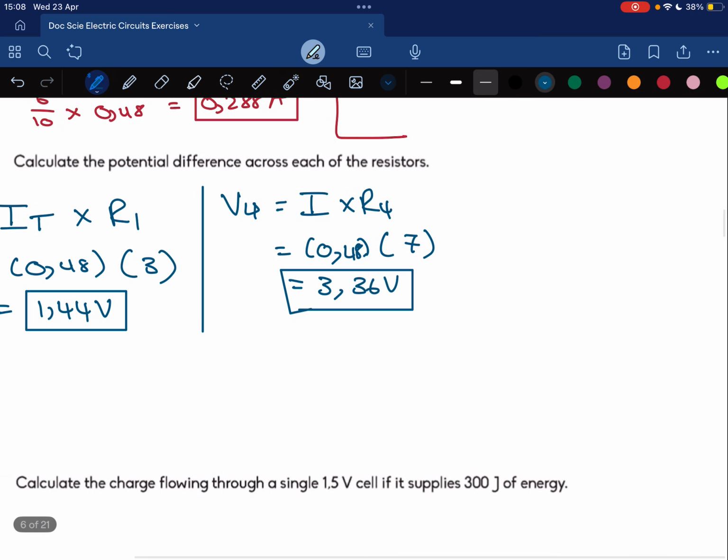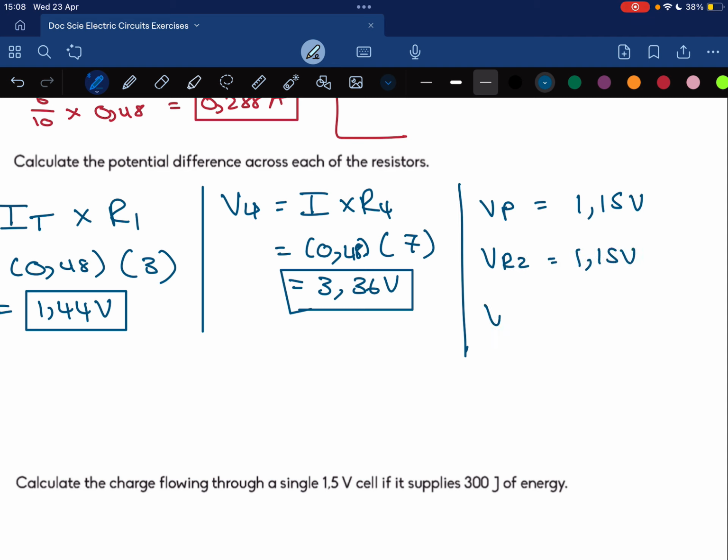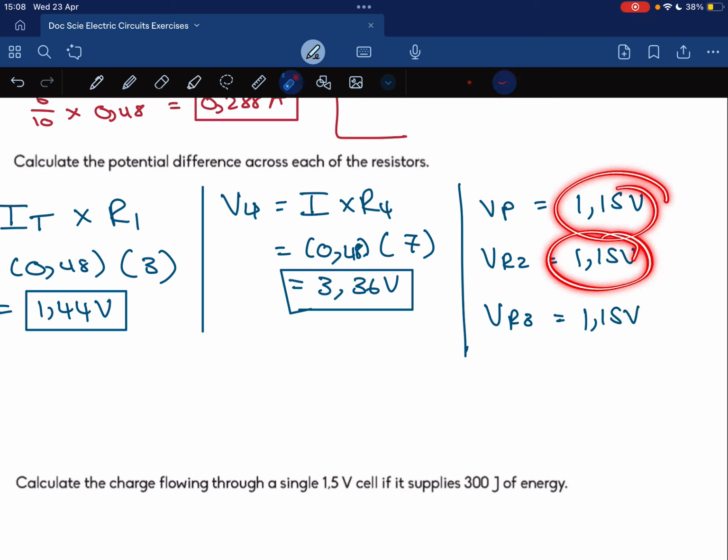But the voltage through the parallel component is equal to 1.15 volts, which means that you must state that V through R2 is 1.15 volts and the V through R3 is also 1.15 volts, because they are equal. Remember that potential difference in a parallel circuit remains the same.